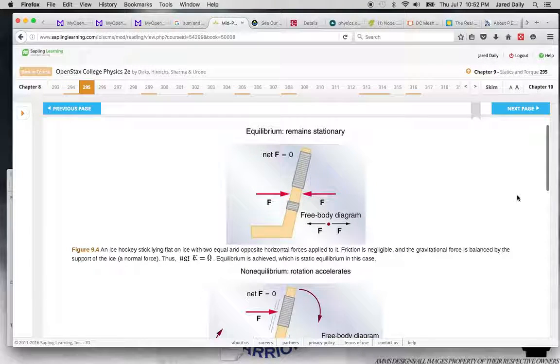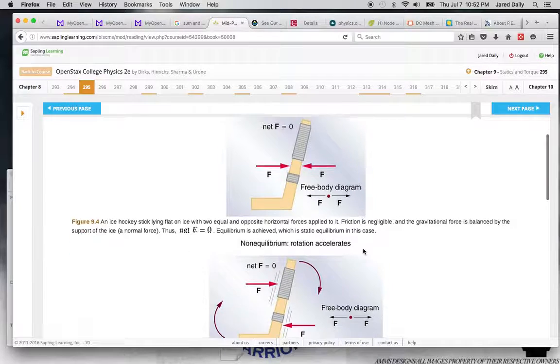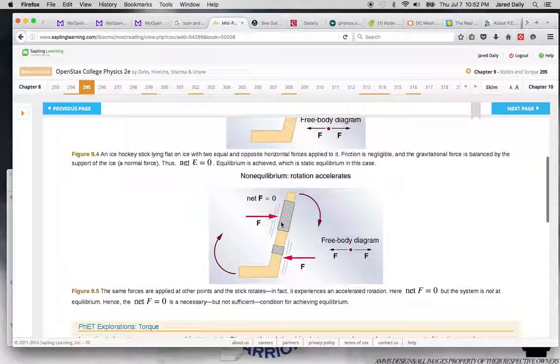However, our forces do not always behave like we've been pretending. So here's a hockey stick with two forces on it that are acting opposite each other, so that they cancel out nicely. However, on the same hockey stick with the same forces in different places now, one higher up, one lower down, it won't necessarily cause the hockey stick to accelerate in a linear direction.